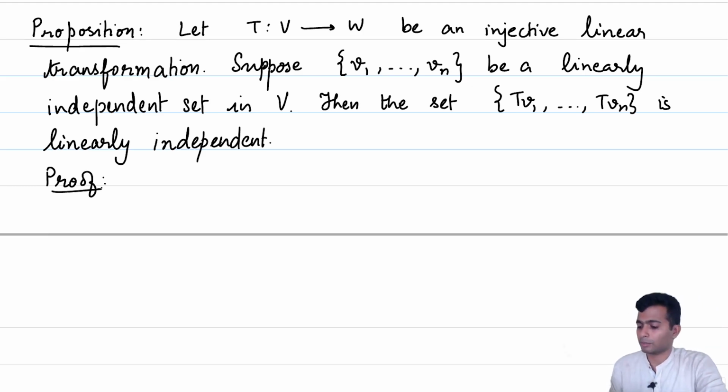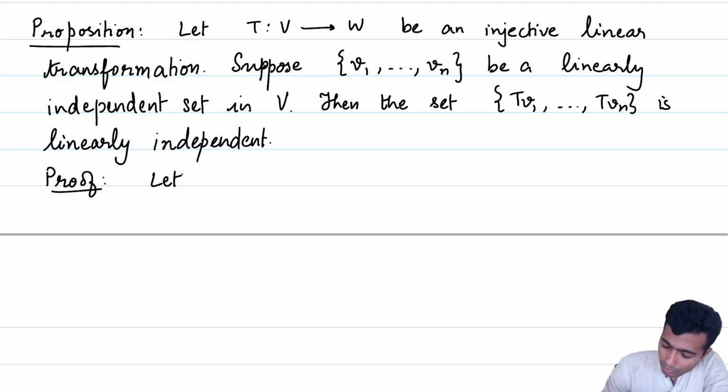So, to check that something is linearly independent, what do we do? We take a linear combination which is equal to the 0 vector, and we then check whether the coefficients are forced to be 0. So let us start off with a linear combination.